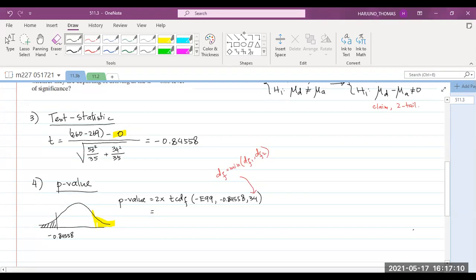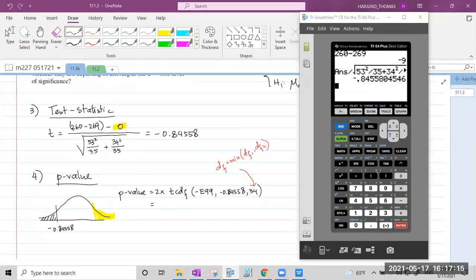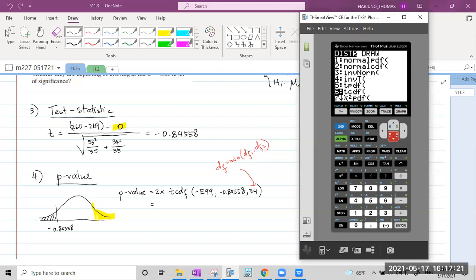Now use your calculator again. TCDF, lower bound negative E99, and upper bound negative 0.84558, degree of freedom 34. We get 0.20185.